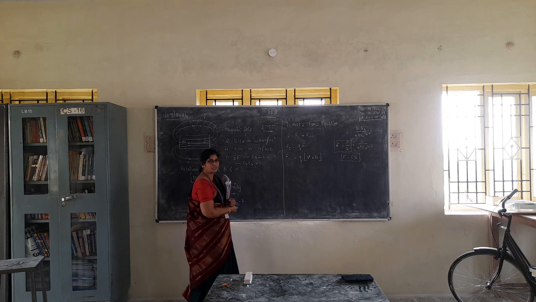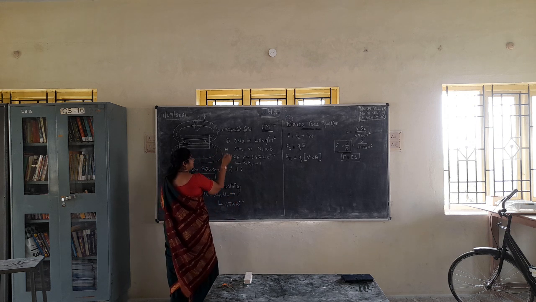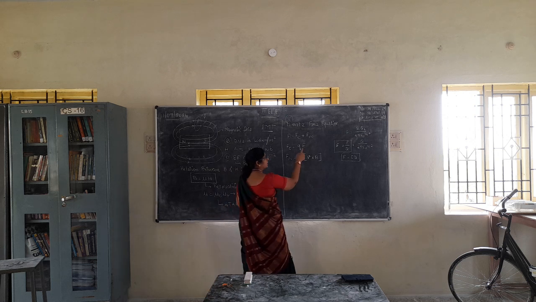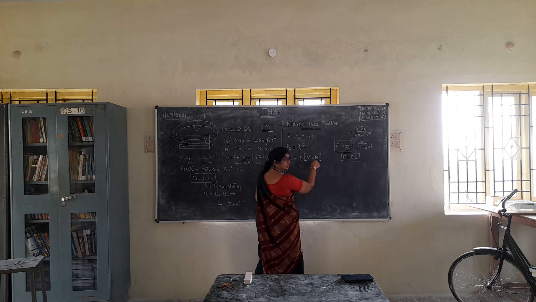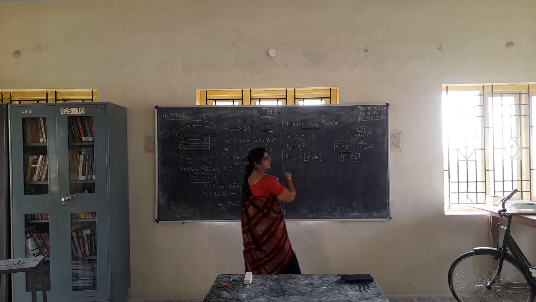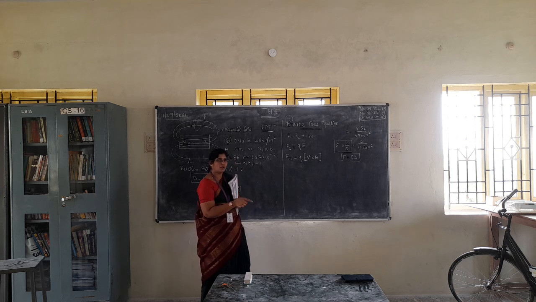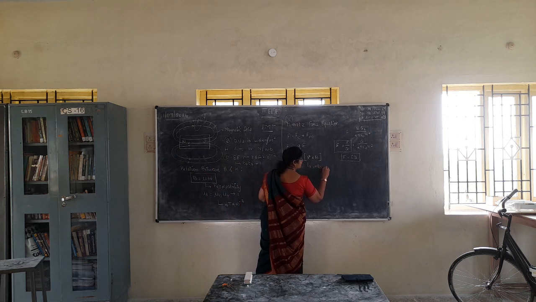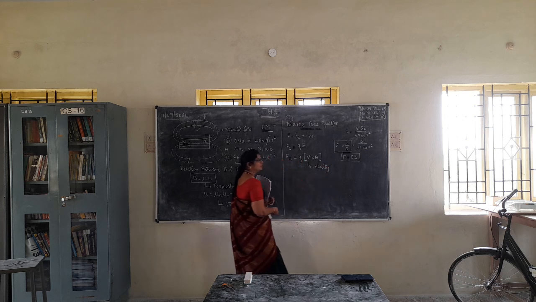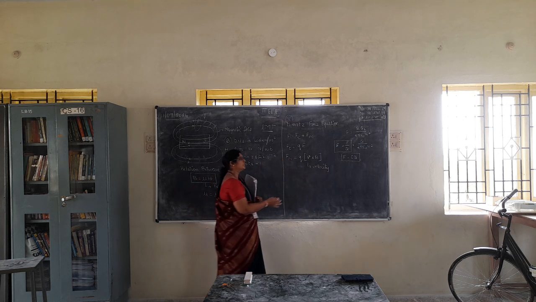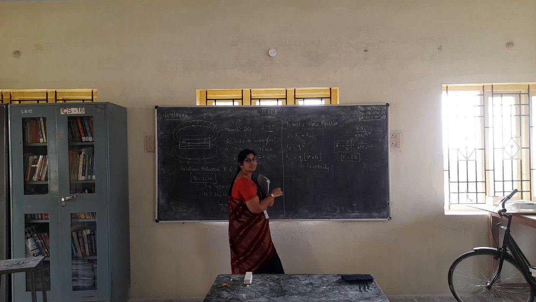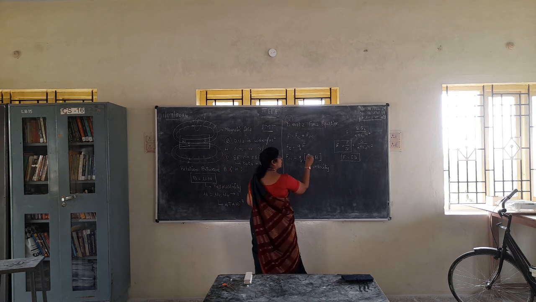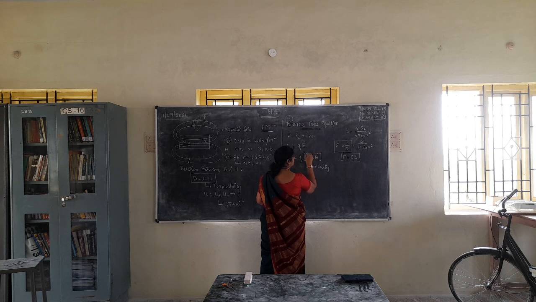For magnetic field, we will be replacing E by V. So instead of electric field, we are writing in terms of magnetic field along with V. V stands for velocity. So here this V cross B indicates it is a vector field. Okay, so the component is vector.